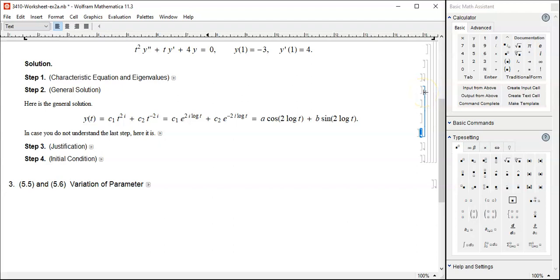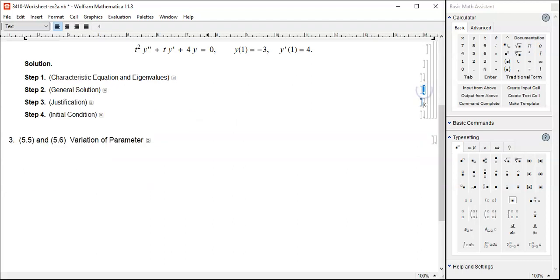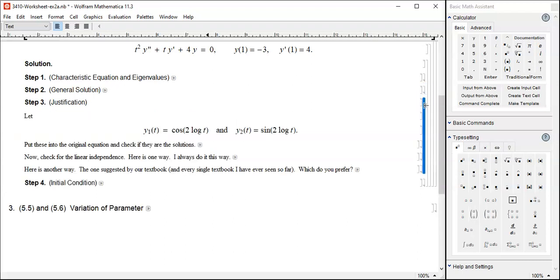Let's do a bit of justification, because a y1 plus b y2 is a general solution, yes, but only when y1 and y2 are linearly independent solutions. And we gotta check, right? Let's check. This step involves some unpleasant computations because you have to calculate the second derivatives and plug those in, but it's elementary.